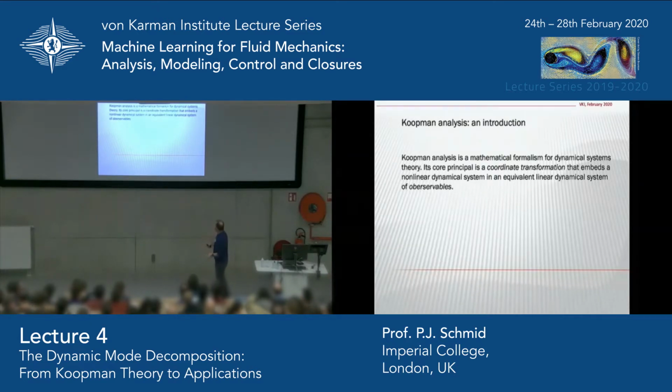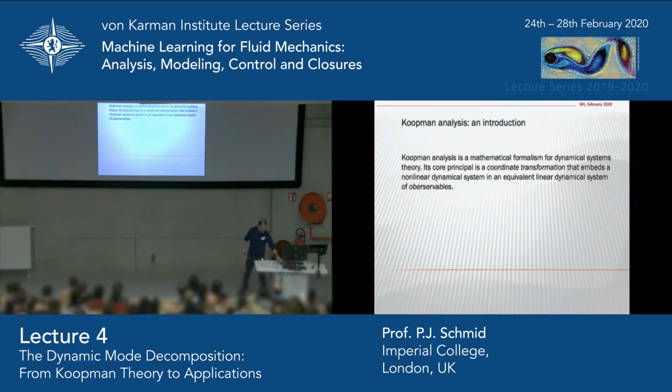The Koopman viewpoint is doing it very differently. The Koopman viewpoint is trying to actually transform a nonlinear dynamical system, through a nonlinear coordinate transformation, into a dynamical system of observables that behave linearly. Okay?